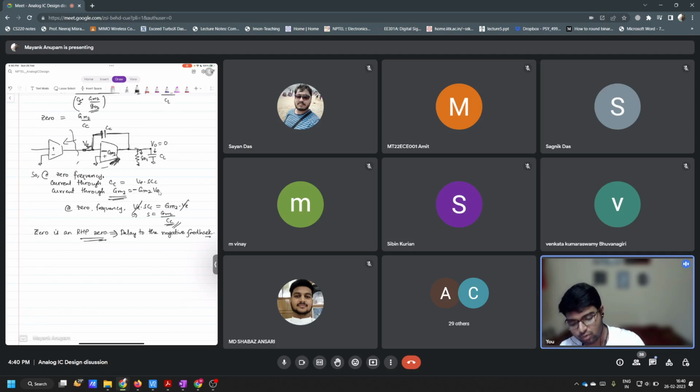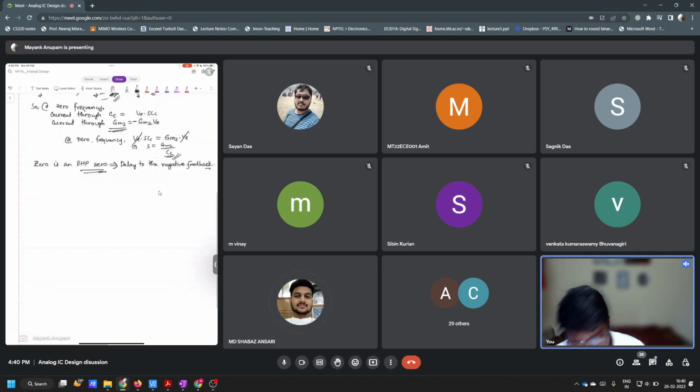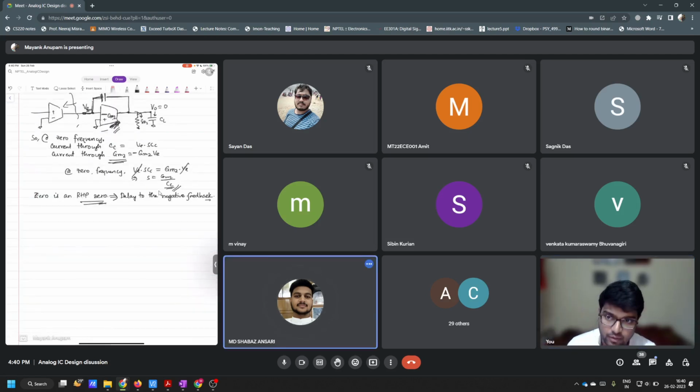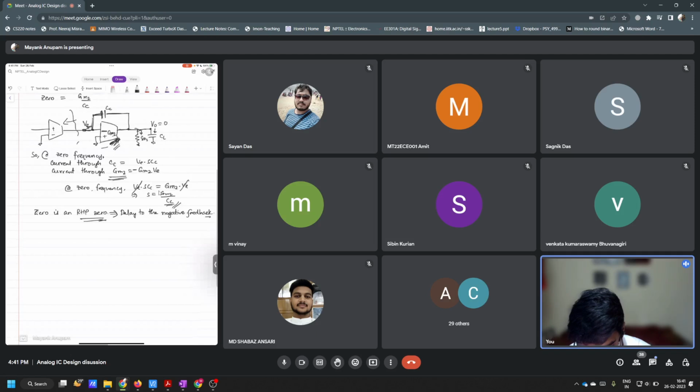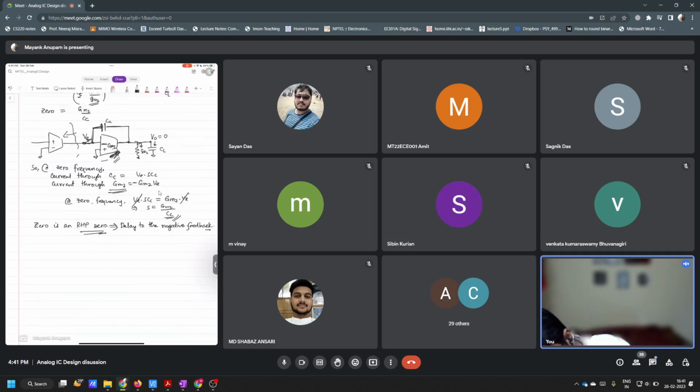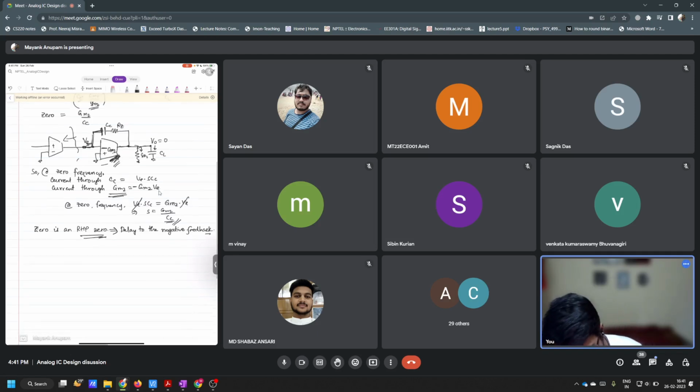If you want to increase gm2, you will have to increase the size of those transistors, and the power consumption will simply go up. So that is why it is not desirable. So the other thing that we can do is what? We can simply add a resistor here. Correct. This resistor, its value should be what?